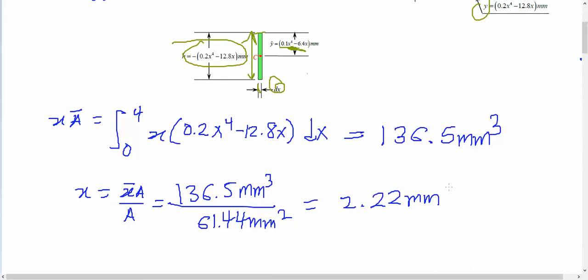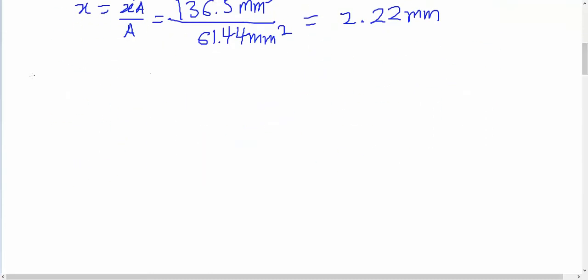Now for the y, we have the similar equation. Y equals y bar a over a. Well, we haven't solved for y bar a first, so let's do that. Y bar a equals the integral from 0 to 4 of y times a.